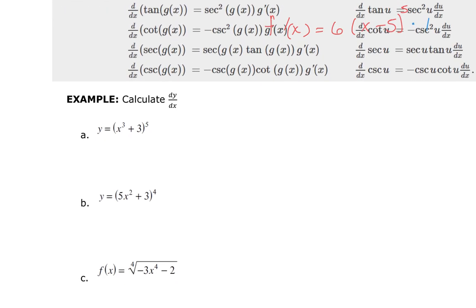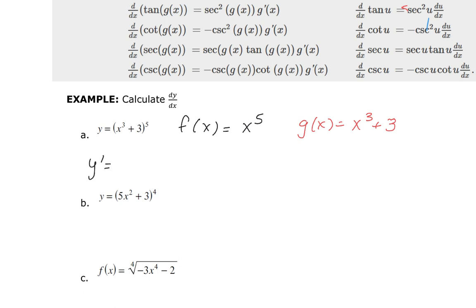If I'm asked to find the derivative of something that's just a simple power function such as this, I can, if I want to, break this down into f and g. I can say f of x is my outer function, which is x to the 5th power, and g of x is my inner function, which is x cubed plus 3. So y prime would be f prime of g of x multiplied by g prime of x.